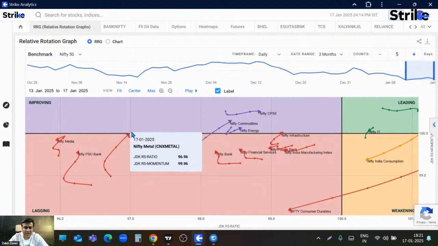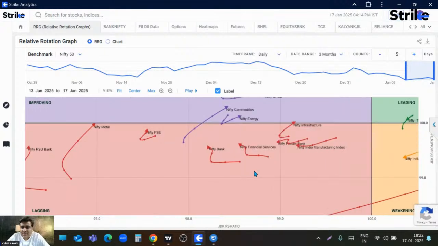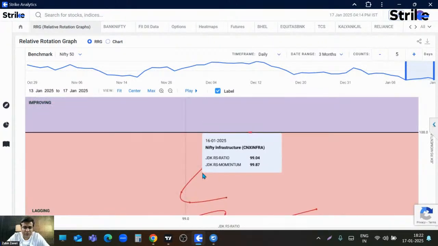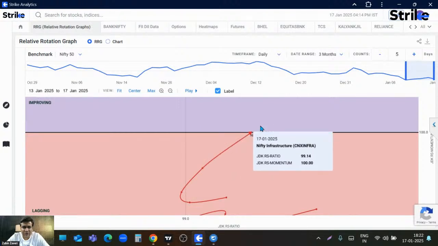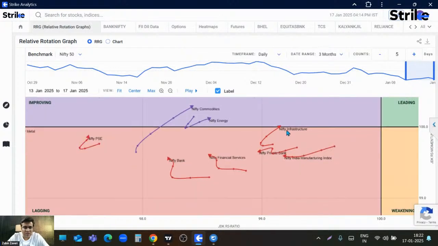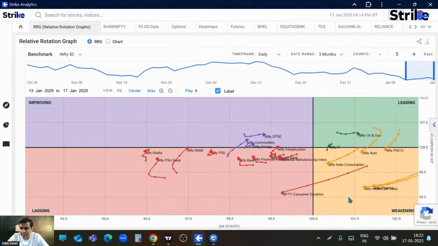So today the metal has shown some momentum. So maybe on Monday you can look at the metal counters like Steel Authority or Tata Steel or various other metal counters. And even infrastructure, my friends, look at this, infrastructure also from lagging is trying to cross over. A little bit more momentum will take this index into the improving one. So these are the ones to watch out for on Monday.